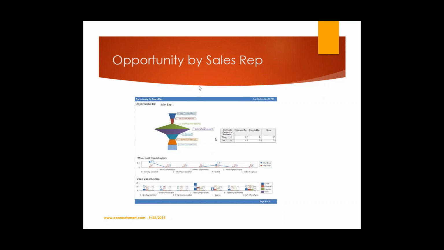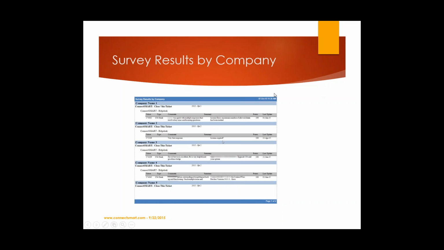And then another report that we've added here is the survey results by company. The great thing about it is it allows you to filter down to only the ones where the survey has comments added by the customer. We have lots of gadgets and reports that show you an average and trend over time, but there hasn't been a lot that lets you really get down into the comments on a survey.